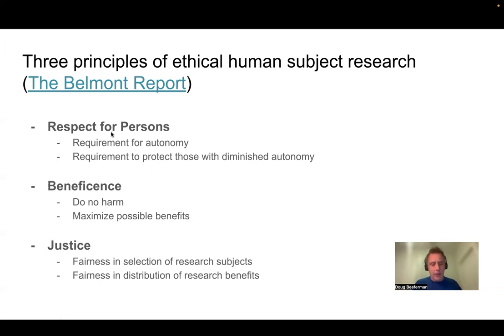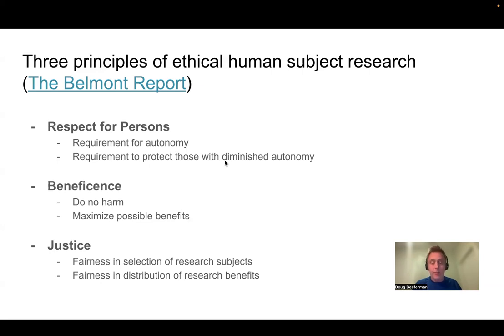Basically, you must require that people have autonomy in the decision about whether to take part in the study or not, and that can be especially problematic if the population you're studying have so-called diminished autonomy, for example, prisoners or children.